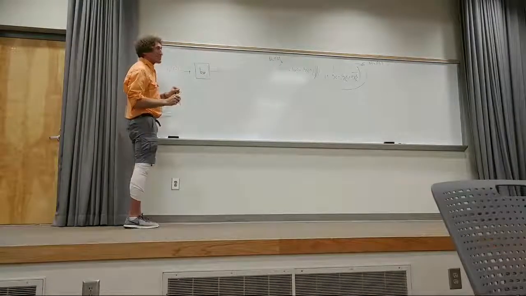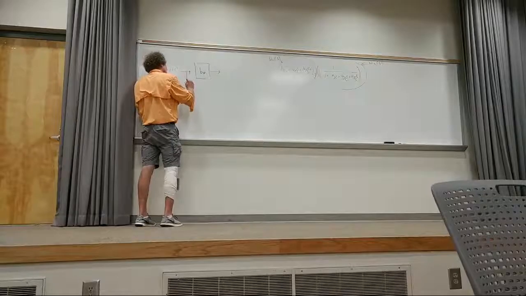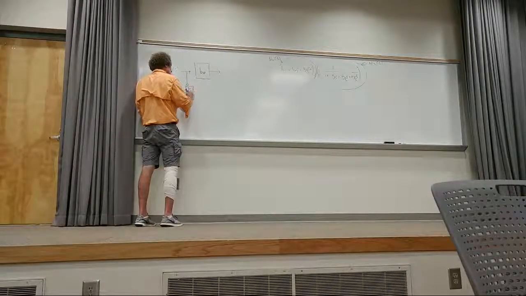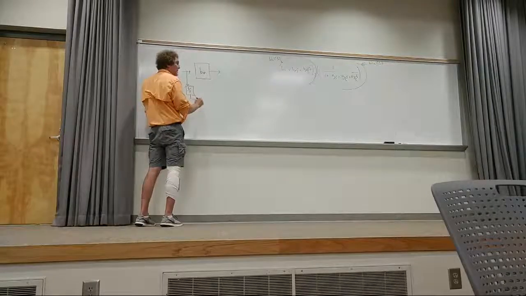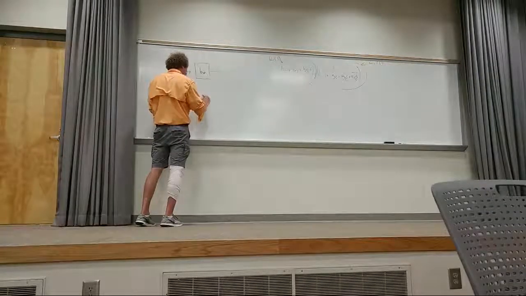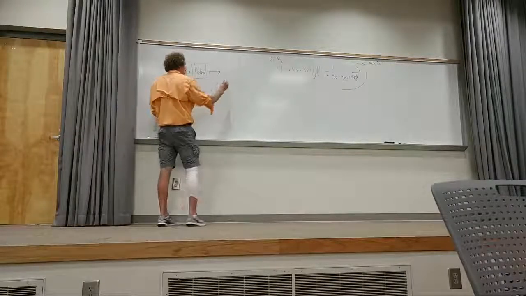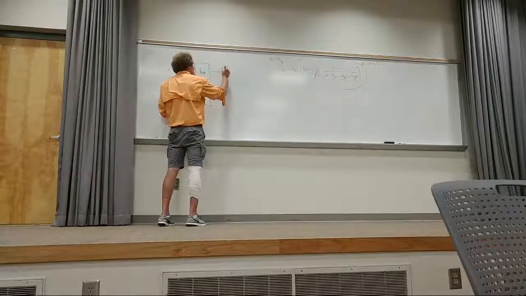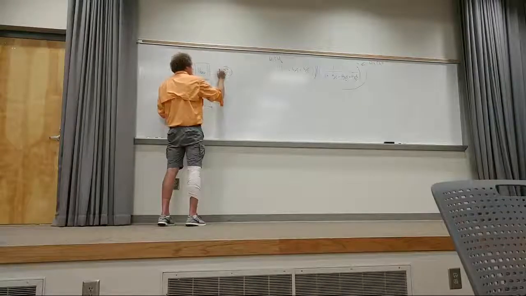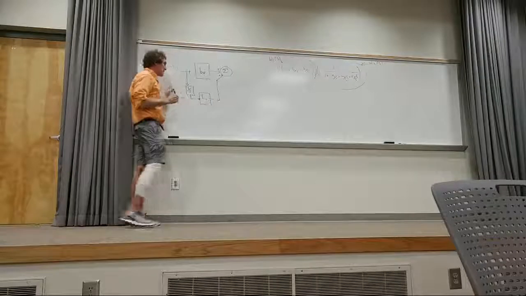Now I have to have B1 over S. So I come this way, and I'm going to have a block that says 1 over S here. Coming out of that, I'm going to have a weight of B1 here. And I'm going to have a summer here, a summation circuit. You'll see how I realize that.